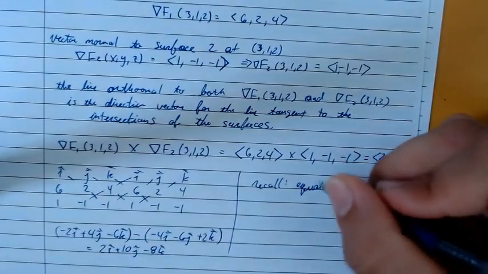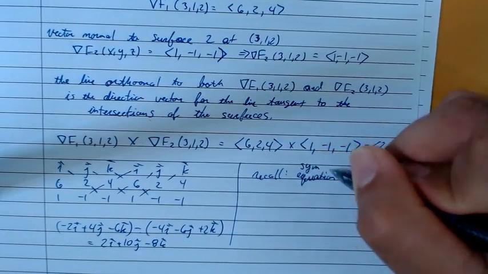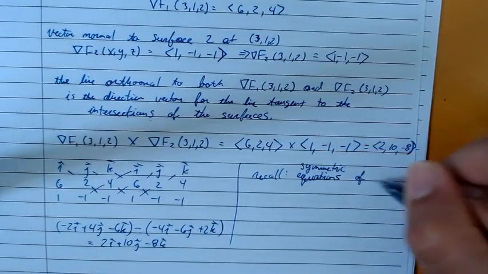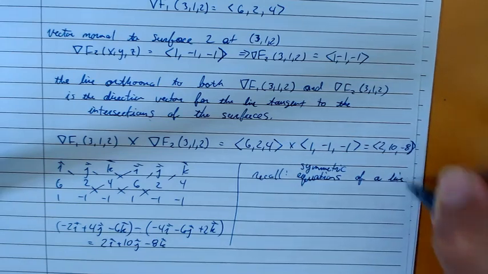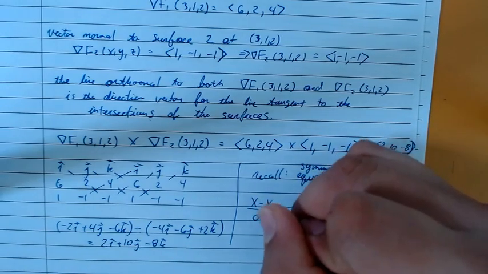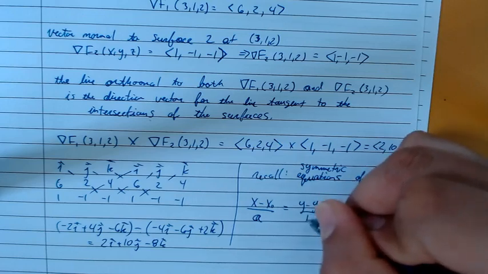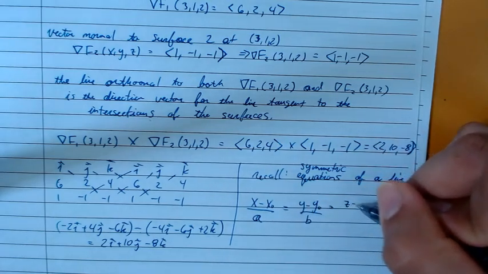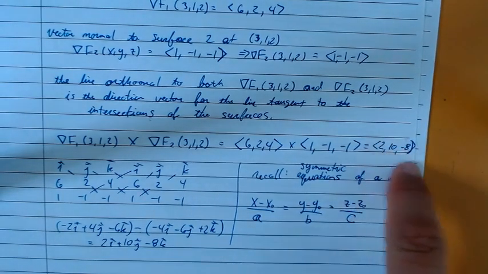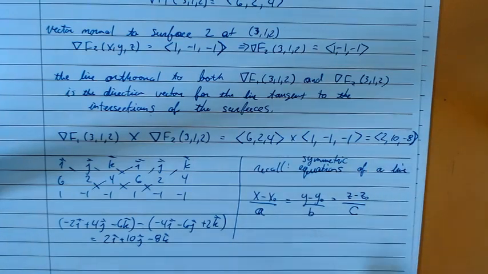There's more than one way to write it, so here I'm going to use the symmetric equations: x minus x naught over a equals y minus y naught over b equals z minus z naught over c, where a, b, and c are simply the direction numbers, the numbers in your direction vector.